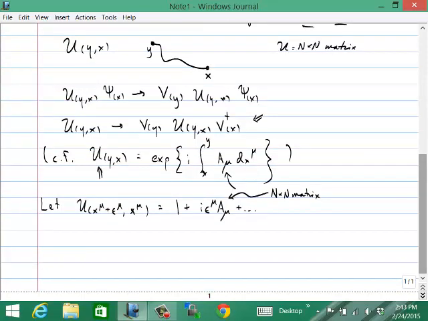Okay, so now let's start with this expansion of U. Then the transformation rule says that under this gauge transformation, well, you get a V of y, which is x plus ε, on the left, and a V of x dagger on the right.